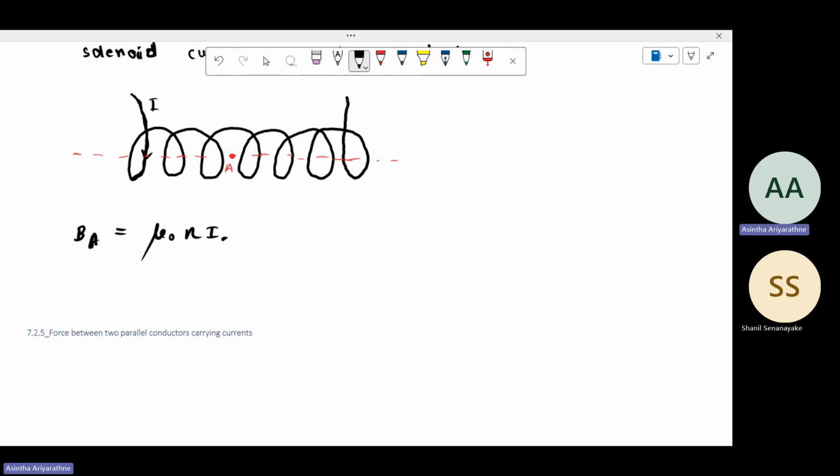We have to use some advanced mathematics, integration, to derive this.